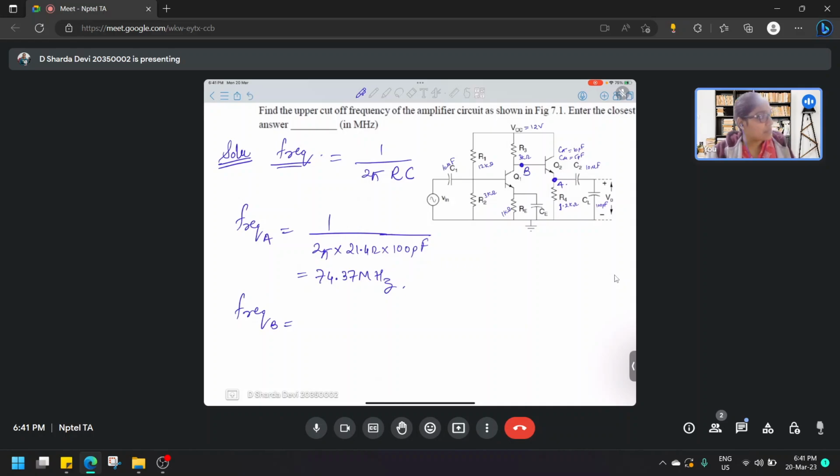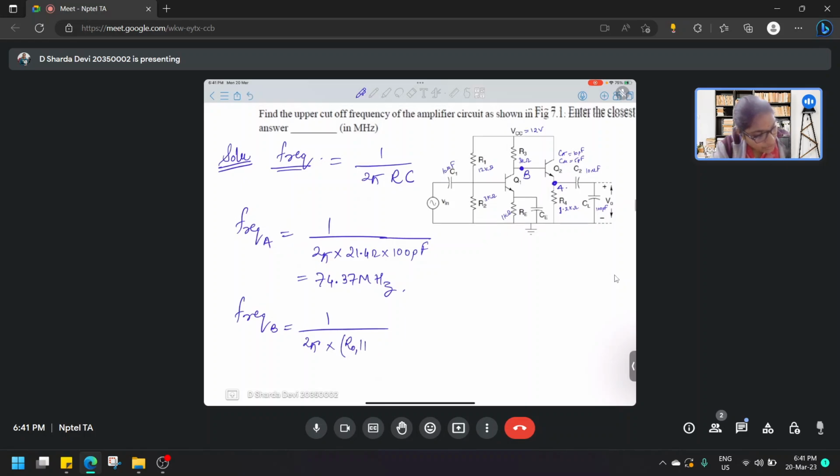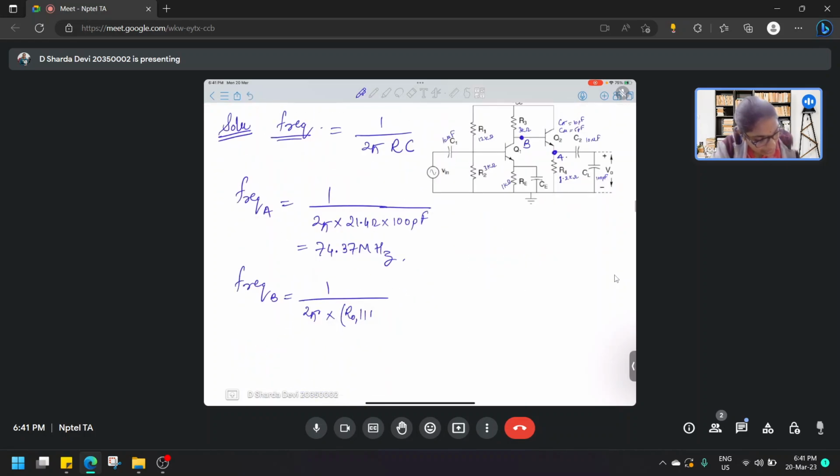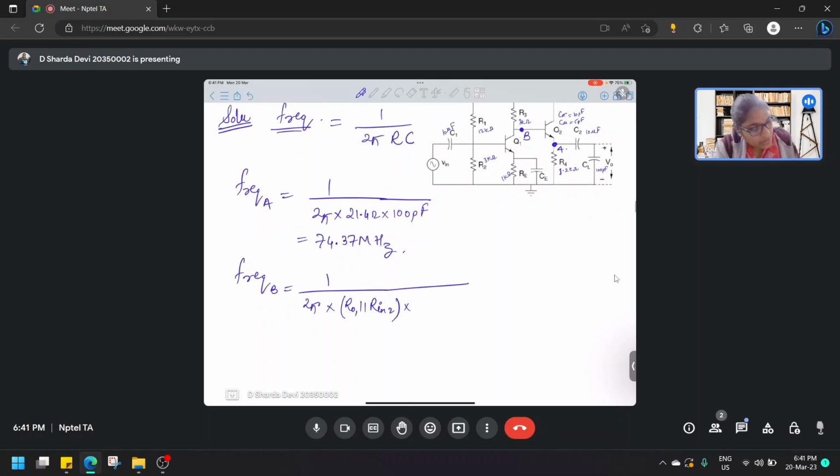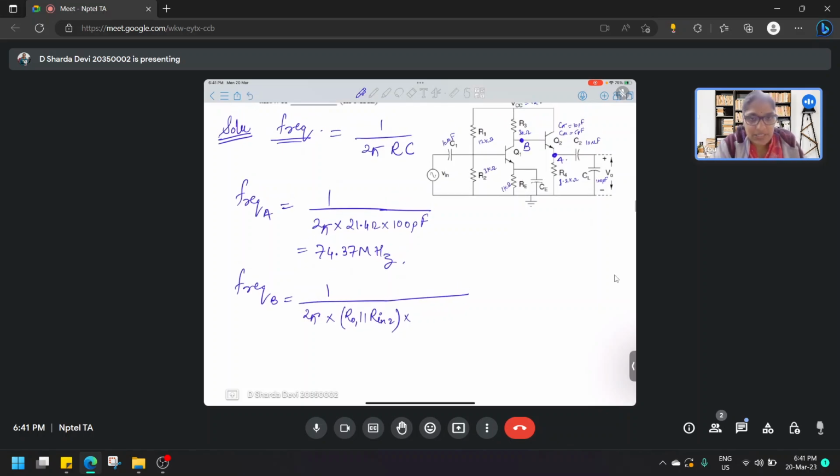Let's name it as node B. So here we will have 1 by 2 pi into R. So what will be the resultant R? It will be R01 coming from first stage parallel to Rn2 coming from the second stage into, now when we talk about C, so here see we don't have any coupling capacitors or anything, right?